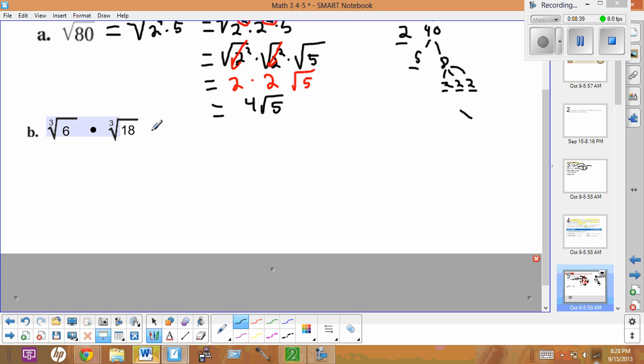Okay, we're going to do a similar thing like we did in A. The first step is to write them using the product property under one radical. We're going to multiply them together, but don't actually multiply them together. So the cube root of 6 times the cube root of 18 is the cube root of 6 times 18. We're going to take both of those numbers, do factor trees on both.